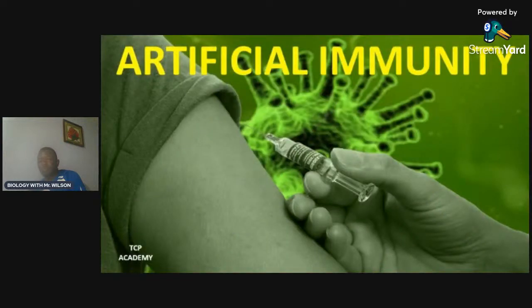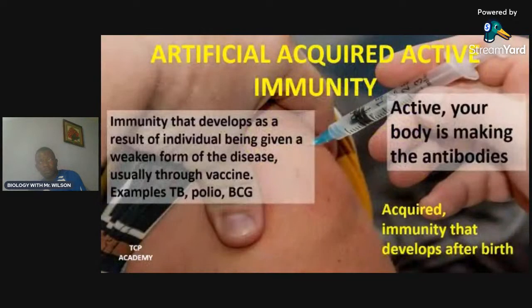Now, artificial immunity is one that is, of course, introduced, or it has direct human influence. So whenever we go for a vaccine, that is a good example of artificial. Now, it could be artificial acquired active immunity. Let's break this down.